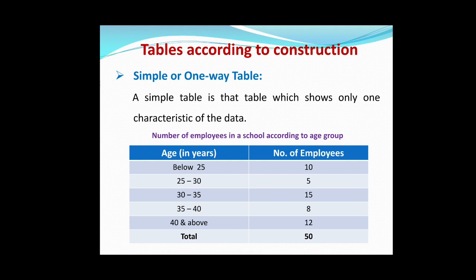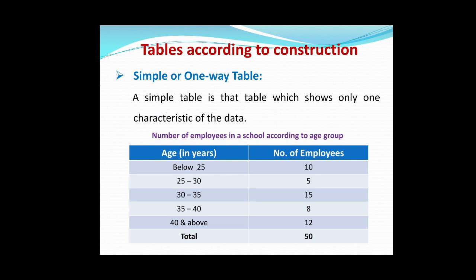Let us first understand what the simple or one-way table means. Dear students, a simple table is that table which shows only one characteristic of the data. That is, in this type of table, only one characteristic is shown.